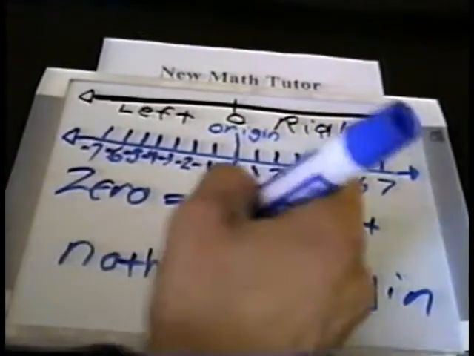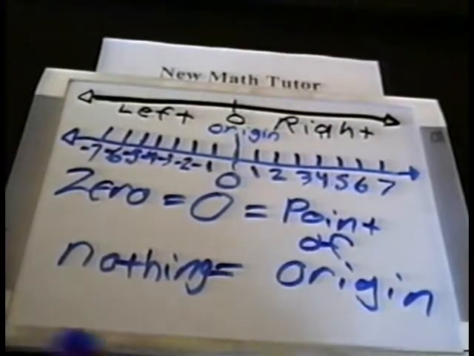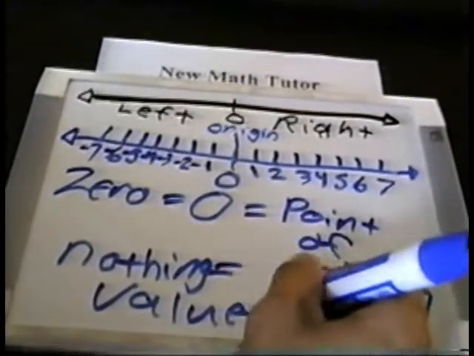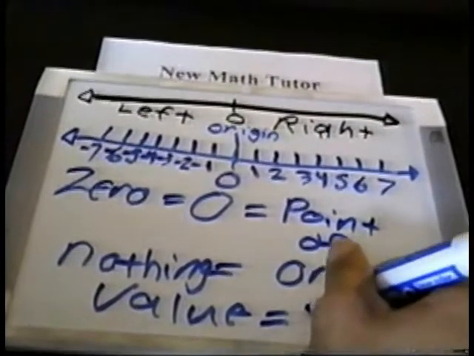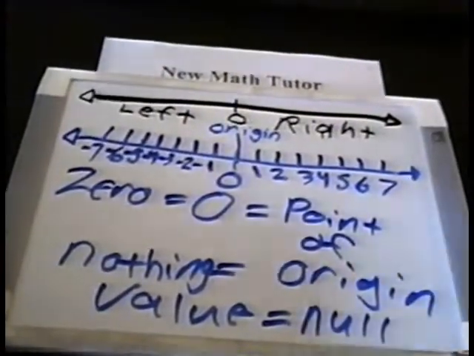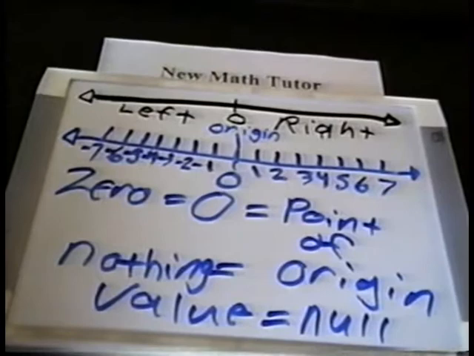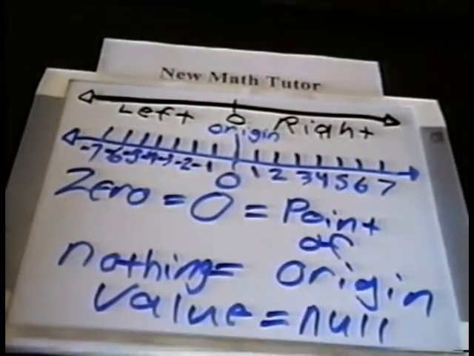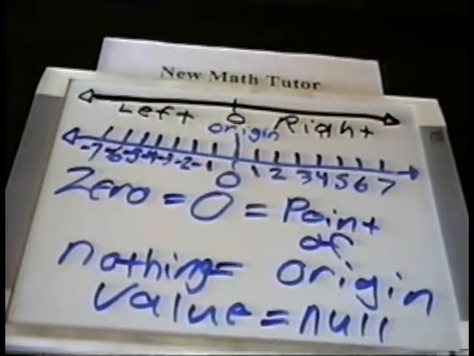Point of origin. And it means equals, and it's nothing. It's also equal to nothing. The value is null.